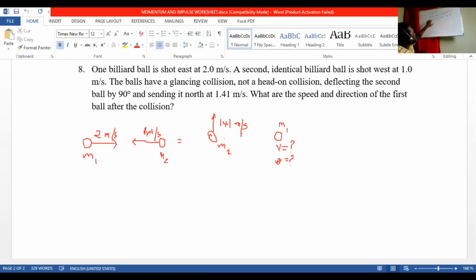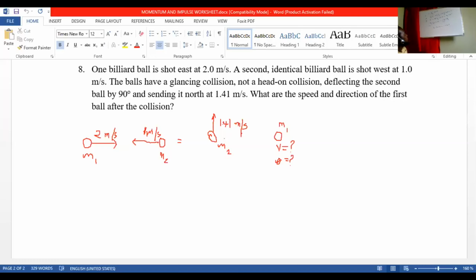So we can take this one over, so we get negative M1 V1F sine theta equals 1.41 M2. Remember again, the masses are the same, so they can cancel. If we divide by the negative 1 to get rid of the negative, we get V1F sine theta is equal to negative 1.41.